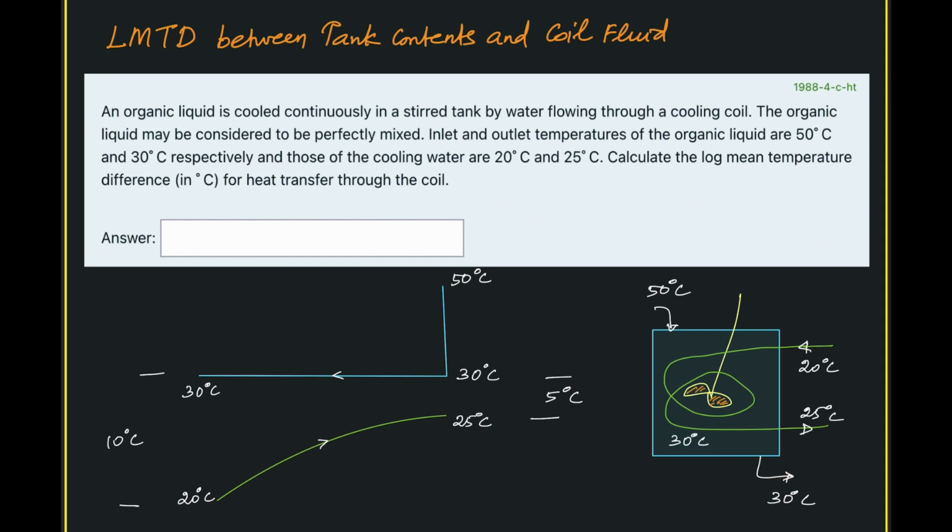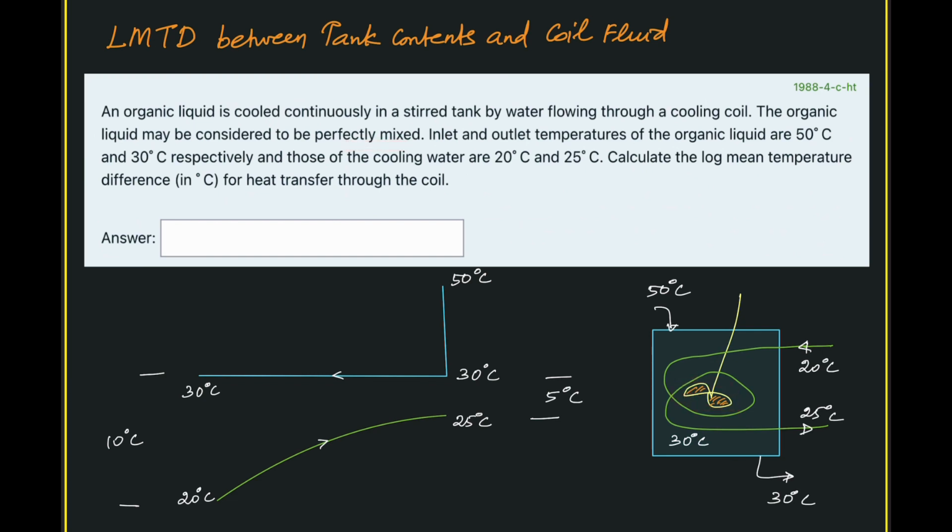This is like our CSTR in chemical reaction engineering, where the leaving fluid and the tank contents are at the same concentration. So the leaving fluid is at 30 degrees Celsius, so the tank contents also are at 30 degrees Celsius, because of the uniform, perfect mixing by the stirrer.